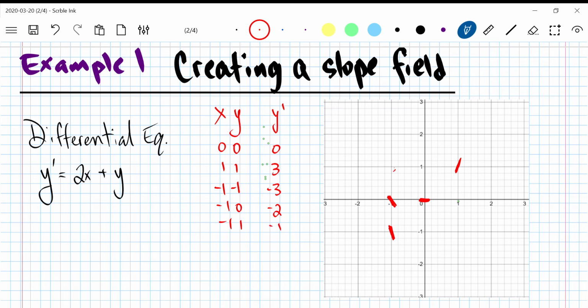So I have a slope of negative 1 right there. If you can figure out patterns, I had negative 3 here, negative 2 here, negative 1 here. The pattern above would probably be a slope of 0, and above that would be a slope of 1. Patterns can help you go a little bit quicker. So pause the video, take a minute, and draw the rest of it yourself.